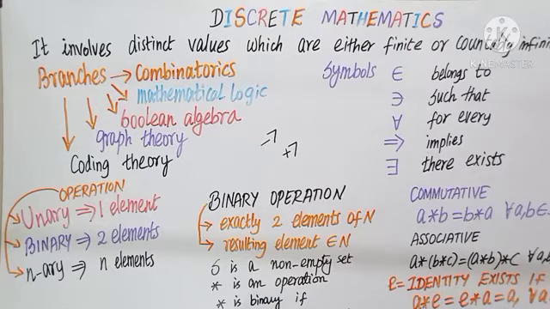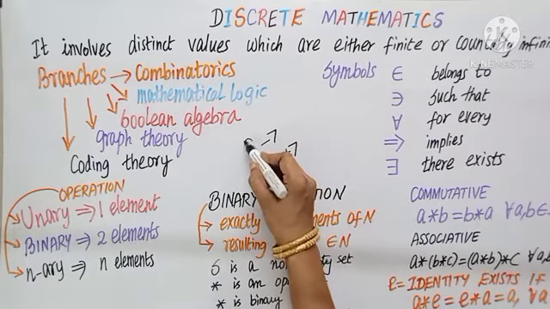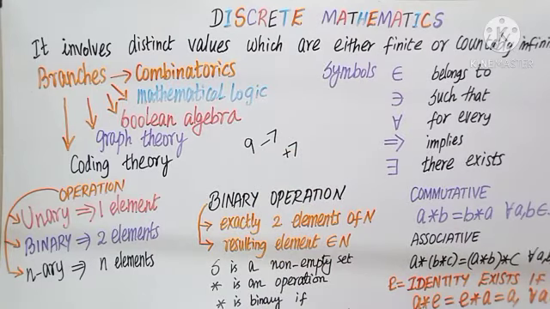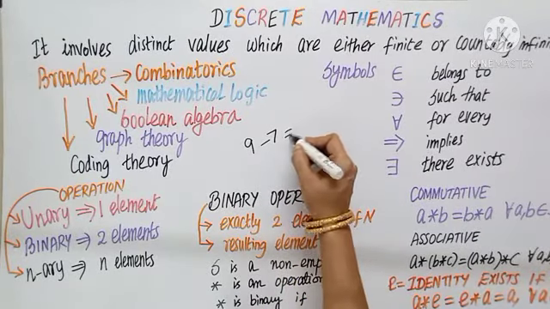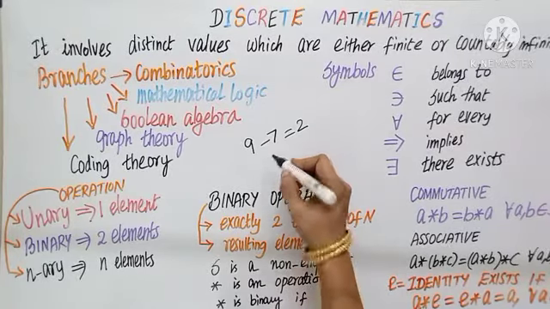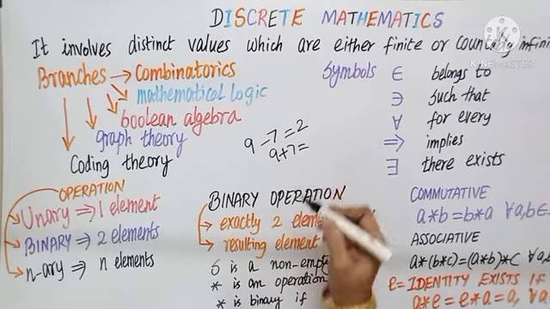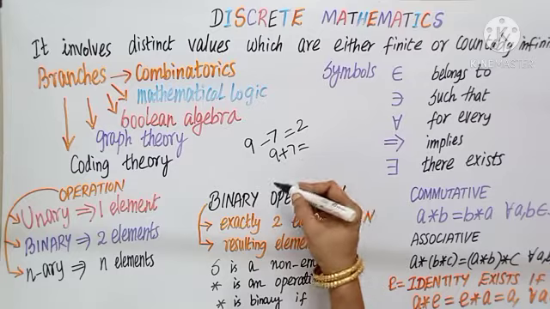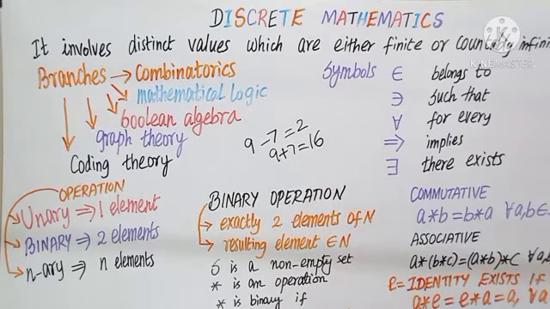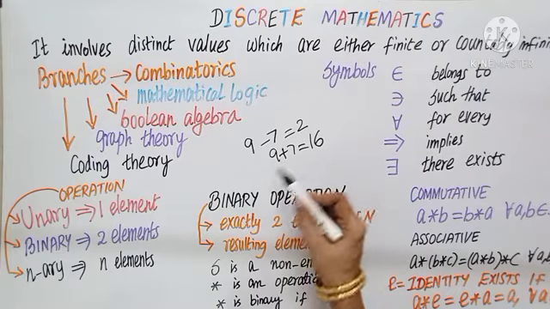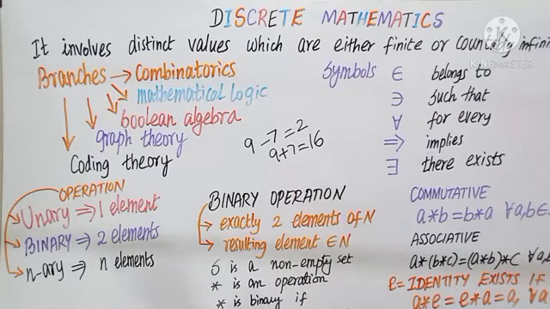Suppose I ask you, what is 9 minus 7? Now, what is my answer? There are two elements involved and my answer is 2. Suppose I ask you 9 plus 7. Now also two elements are involved and my answer is unique. So whenever I am performing an operation on two elements, you call it binary.